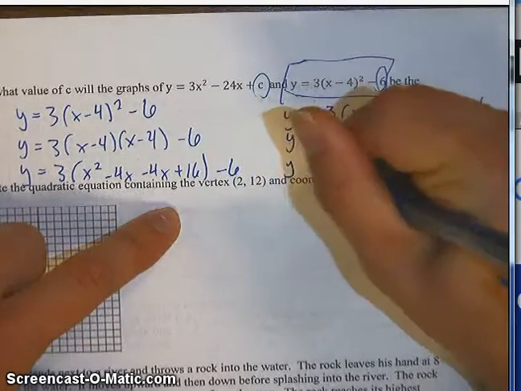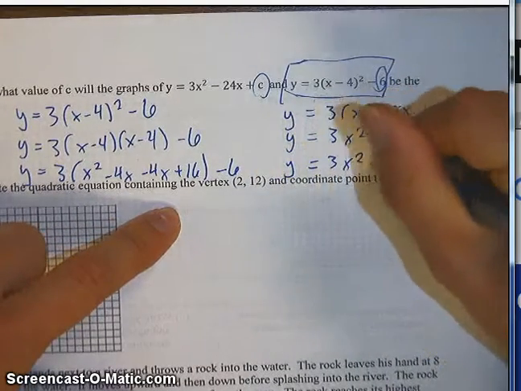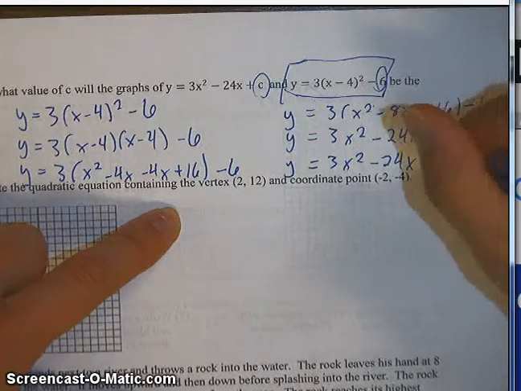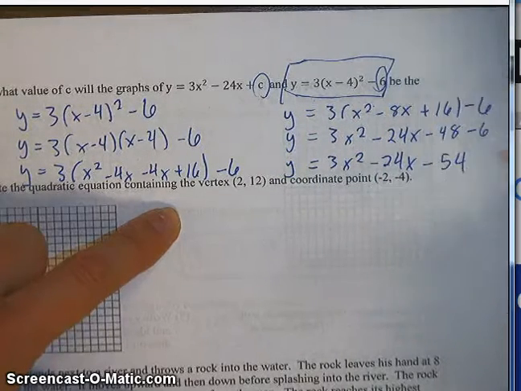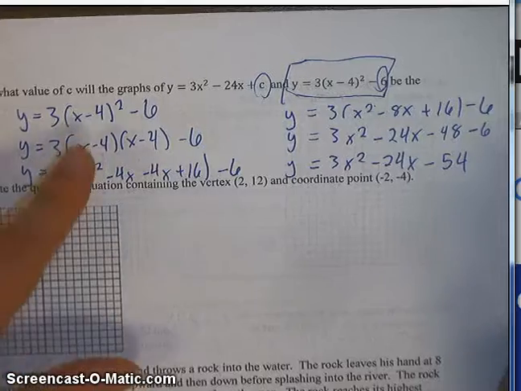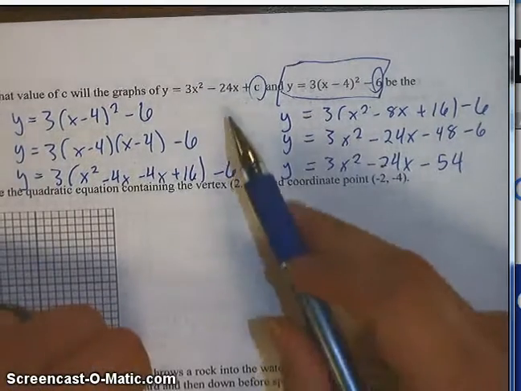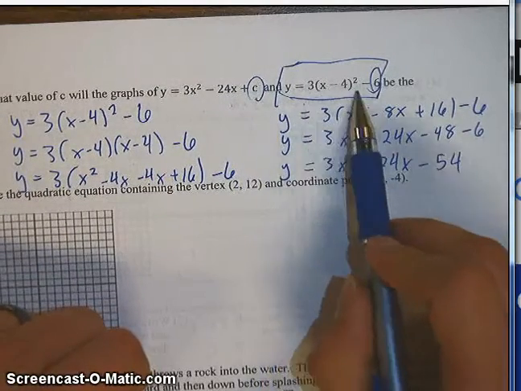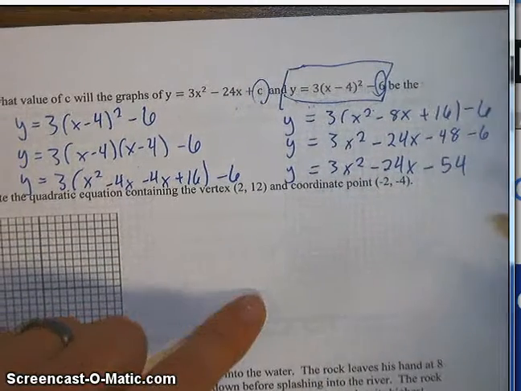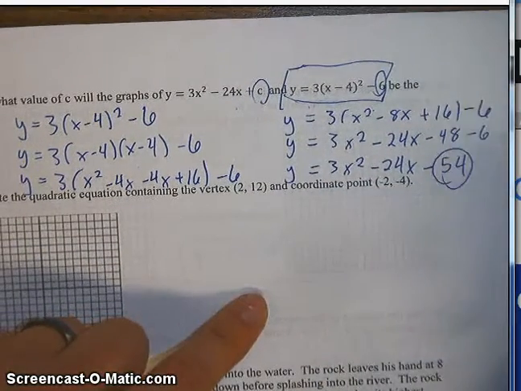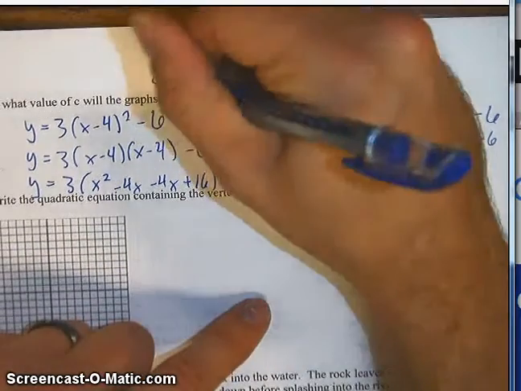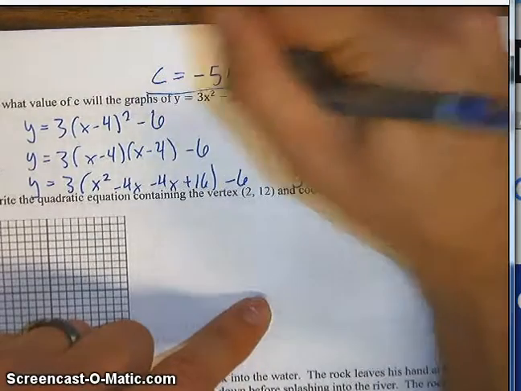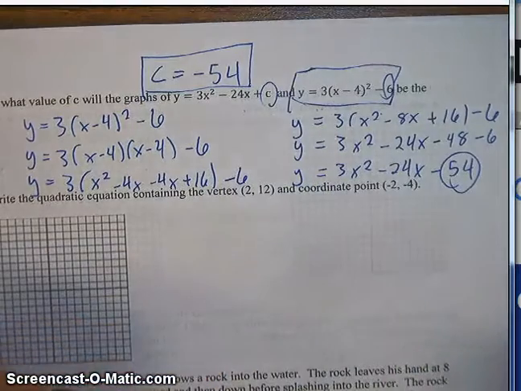We're going to get y equals 3x squared minus 24x plus 48 minus 6 is 42... negative 48 minus 6 is negative 54. So the question is, for what value of c will the graphs of 3x squared minus 24x plus c equal 3(x minus 4) squared minus 6? Well, that value of c is right here. So we can just say c equals negative 54 is the answer for that one.